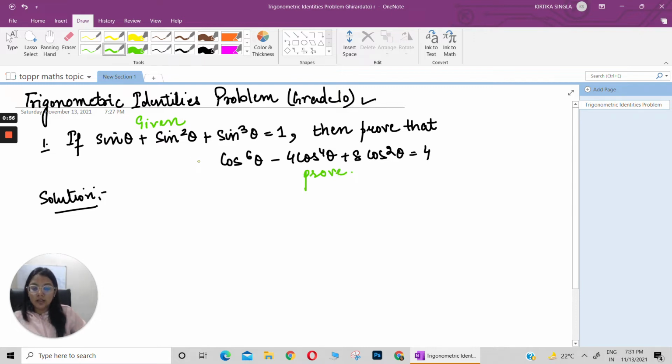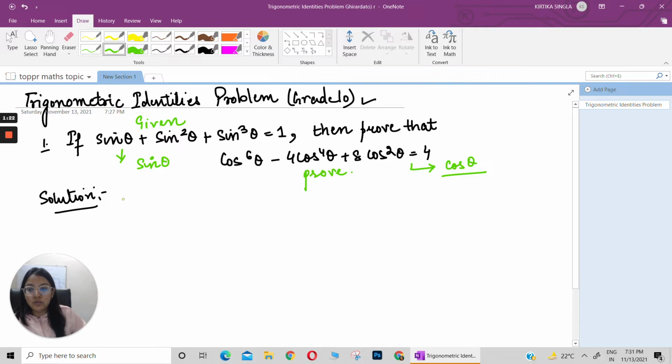In this question, all the things you need to prove are given in terms of the trigonometric function cos theta, but what is given to you is in terms of sine theta. It means that to prove this, you have to convert the given problem into the form of cos theta.